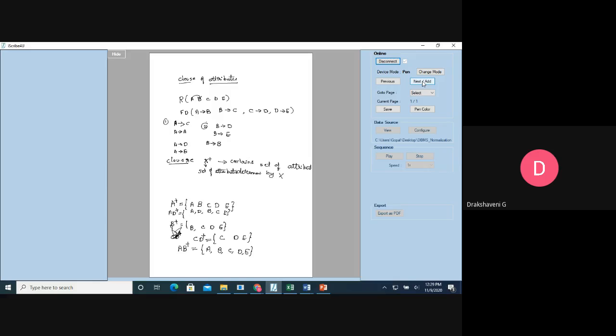Yes, so this is what is called a closure. Okay, so this is what we have seen about closures.